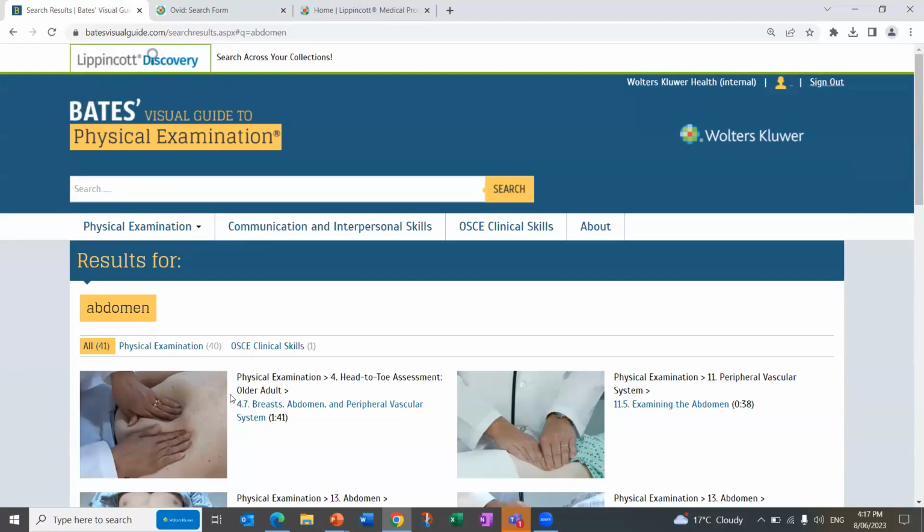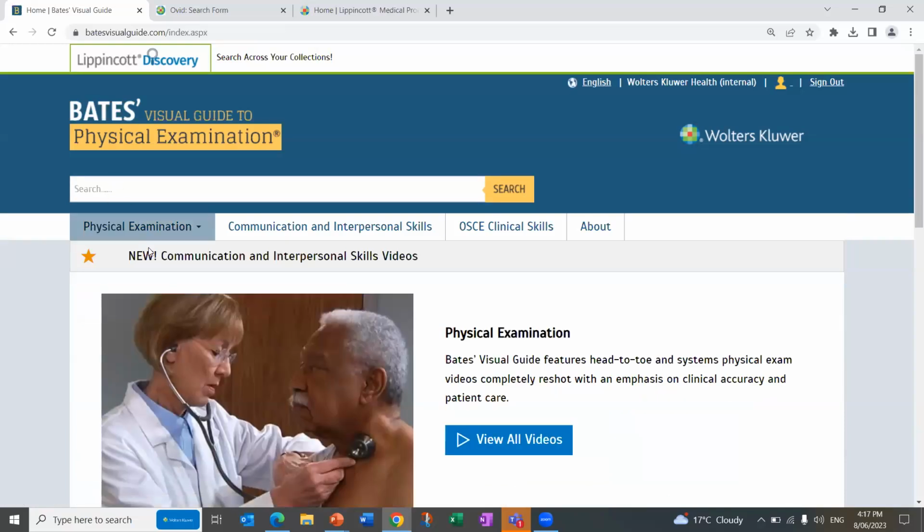So we are not just limited to browsing through this content, we can also search within this material. So if we are interested in searching for how to examine the abdomen, we're able to do that. As a student, we may want to direct ourselves to a particular part of this content.